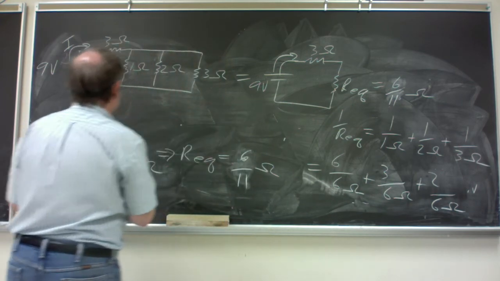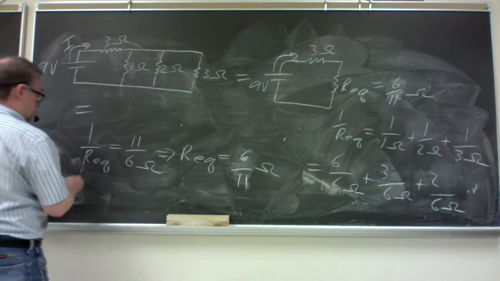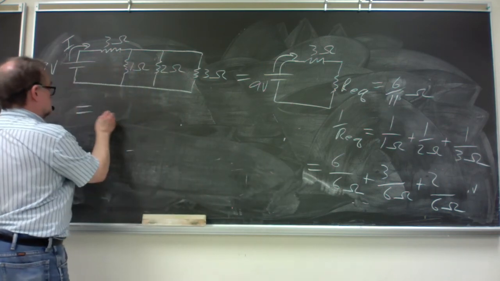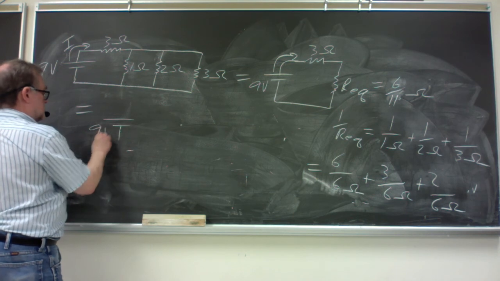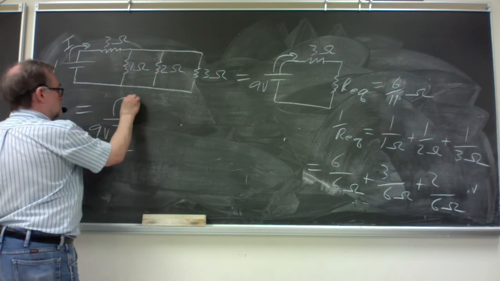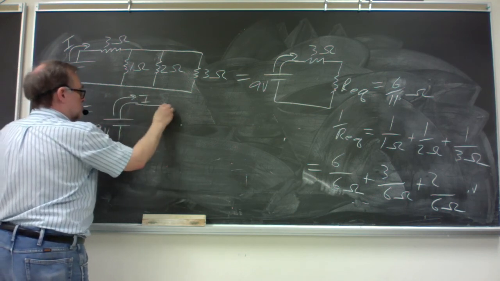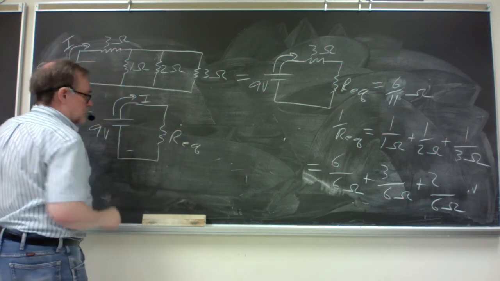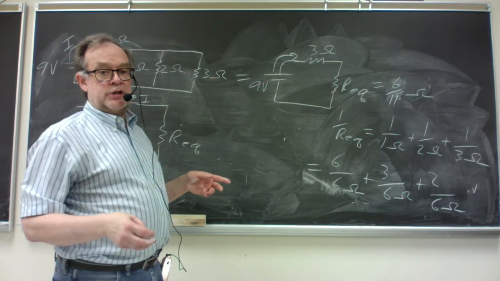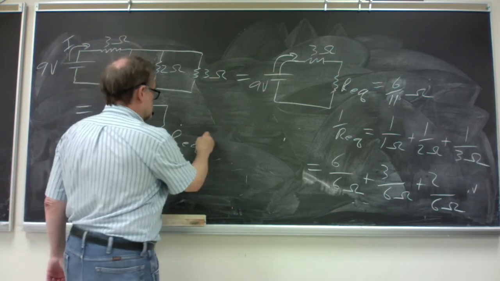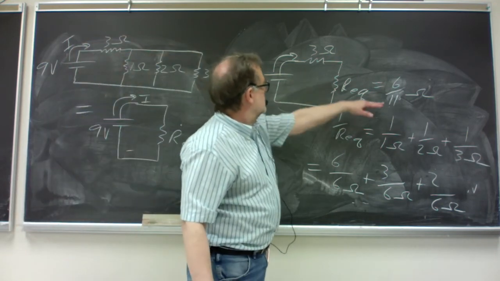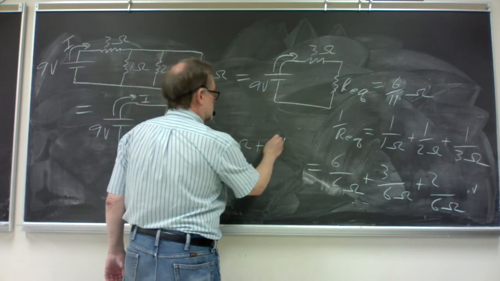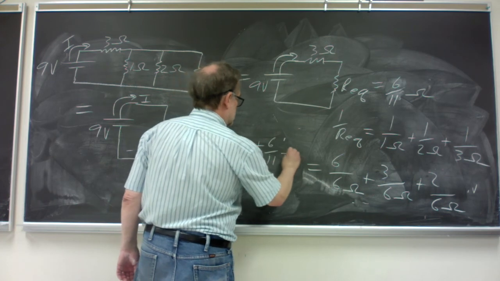So that circuit is equal to the same voltage pushing the same current through just one equivalent resistance. It's the equivalent resistance equivalent to a couple in series, so it's just a sum, this plus this, or 3 ohms plus 6/11 ohms.